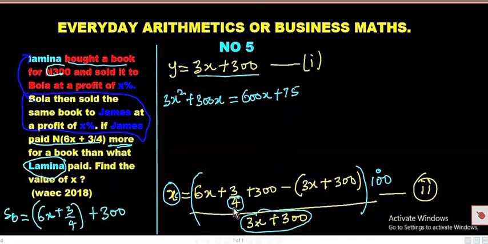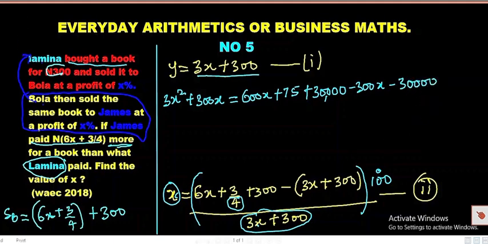Because 100 divided by 4 is 25, and 25 times 3 is 75. Then plus 100 times 300 is going to be 30,000. Then this minus 100 times 3x is going to be minus 300x, minus 100 times this 300 is going to be 30,000.